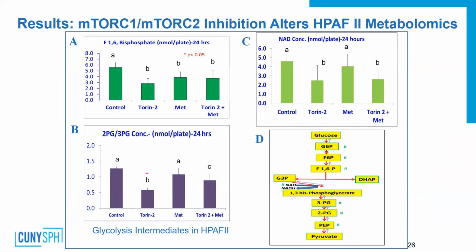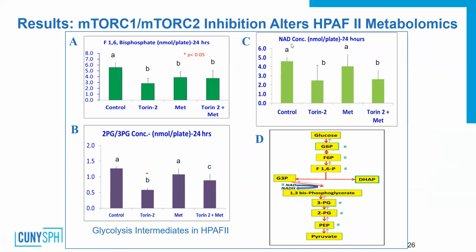When we looked at the metabolomics, we found that in HPAF-II cells, the glycolysis intermediates, such as fructose 1,6-bisphosphate, were decreased with treatments with taurine-2 and metformin and the combination of taurine and metformin.